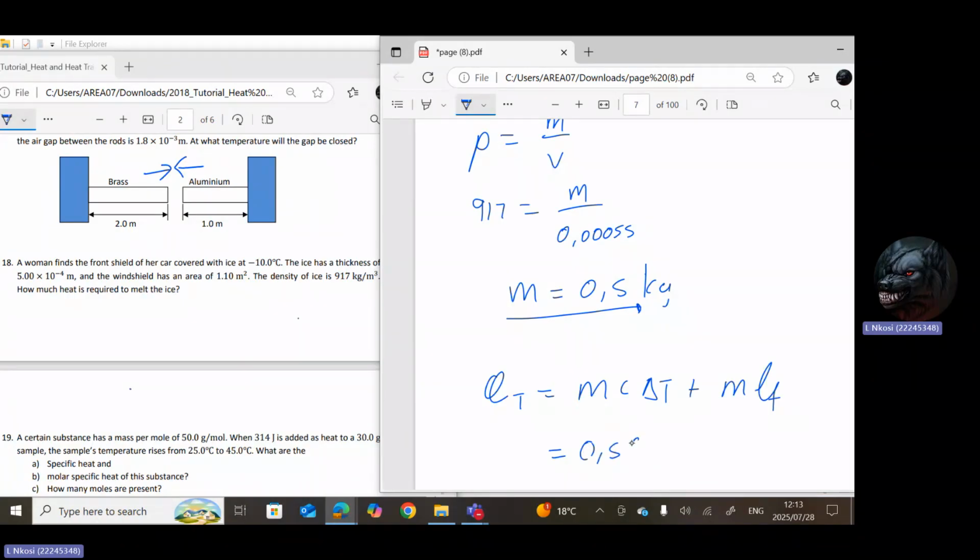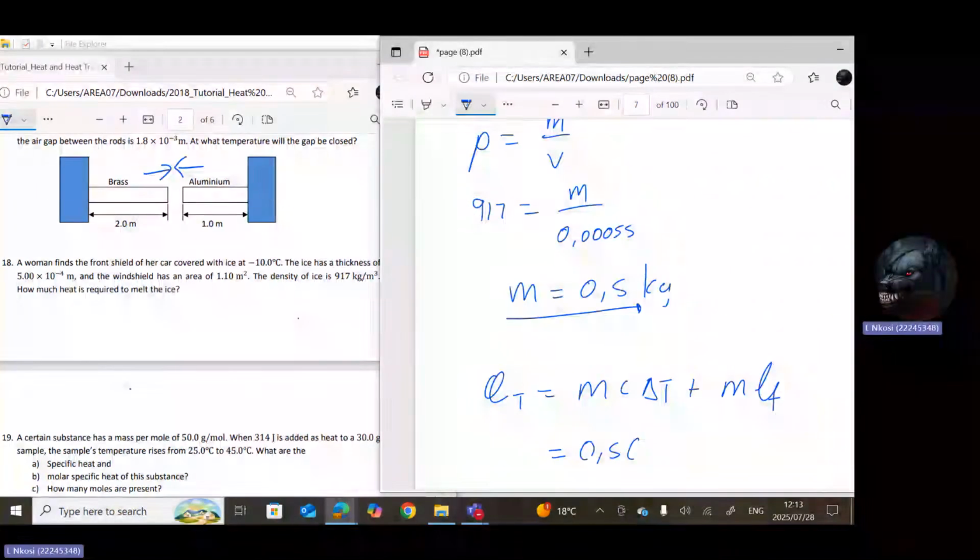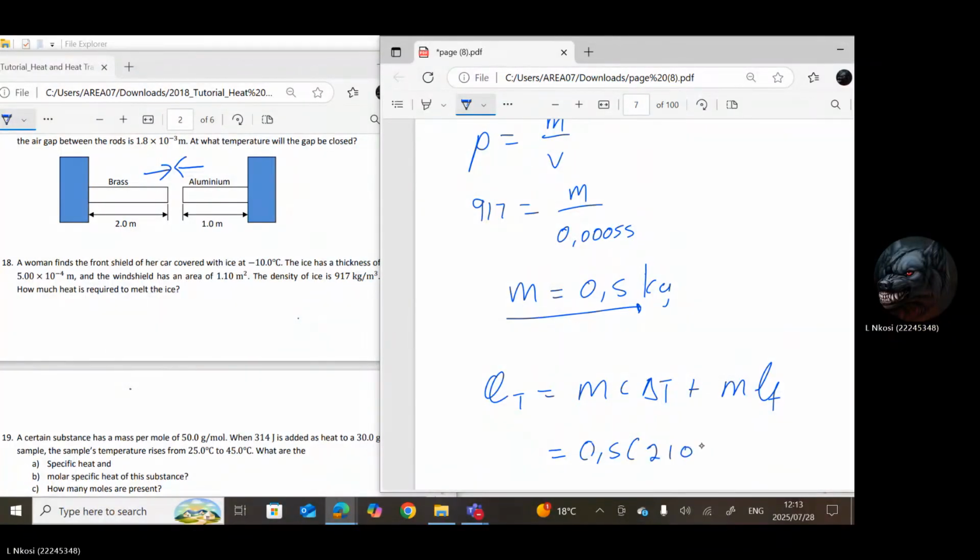M was 0.5. The specific heat for ice is 2100. So the change in T is 0 minus the initial, which was minus 10.